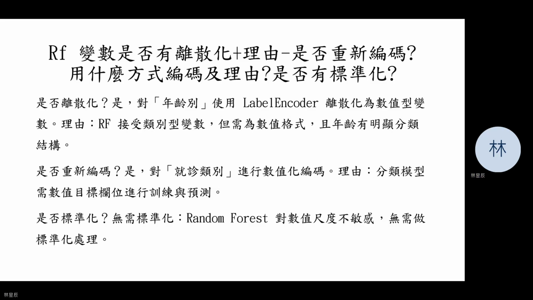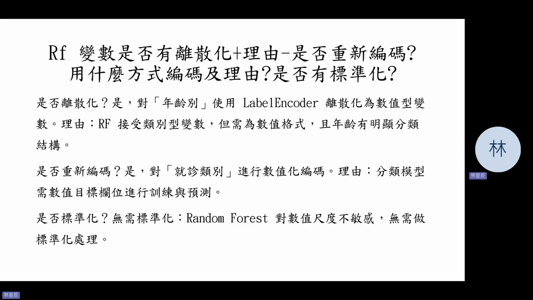And did the random forest discretize? Yes, discretize age into a numerical variable using label encoder. Rationale: random forest accepts categorical variables, but they must be in numeric format, and age has a clear classification structure.